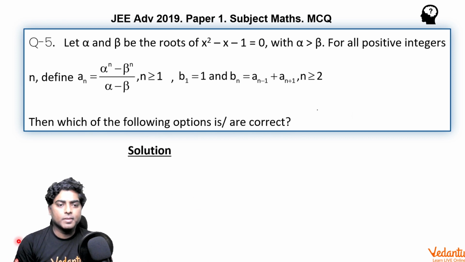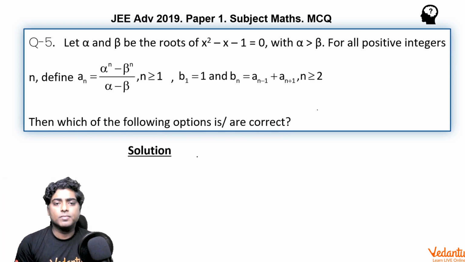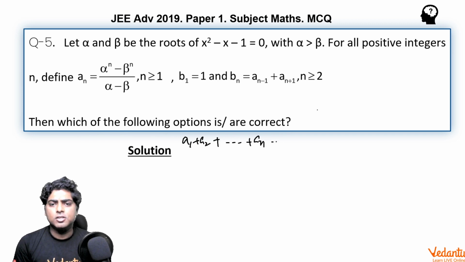I'm writing, see, I can write a1 plus a2 plus up to an is equal to sigma alpha raised power n minus sigma beta raised to the power n upon alpha minus beta.